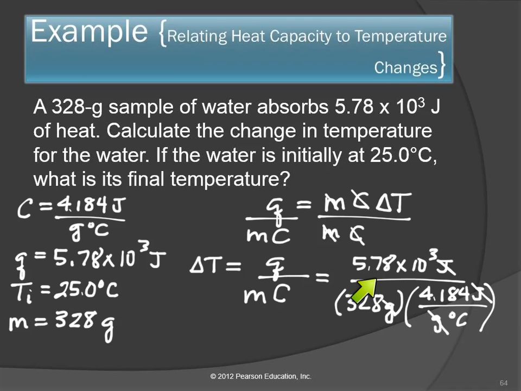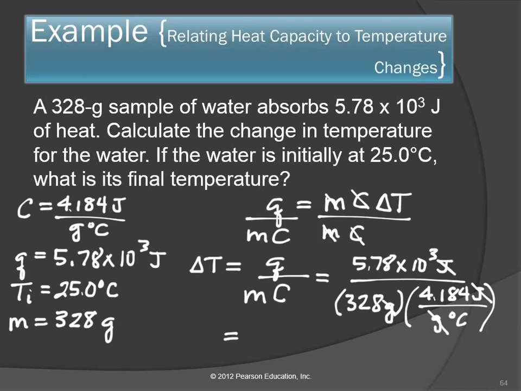So to enter this, it's 5.78 EE, or EXP, whatever your calculator has, 3. It's shorter that way. The EE button does times 10 to the for you. So I've got 5.78 EE3 divided by 328 divided by 4.184.